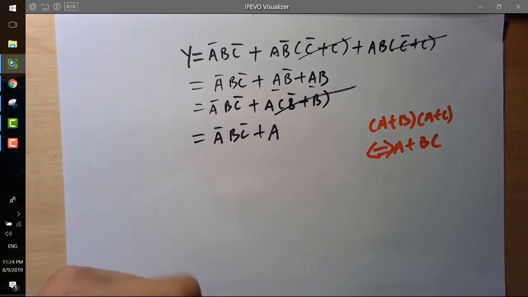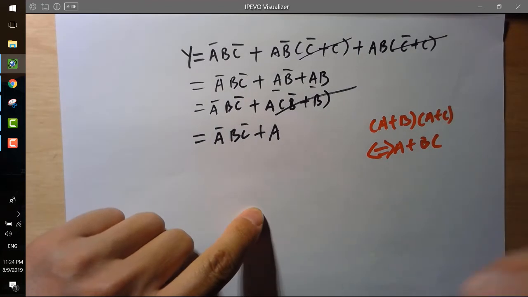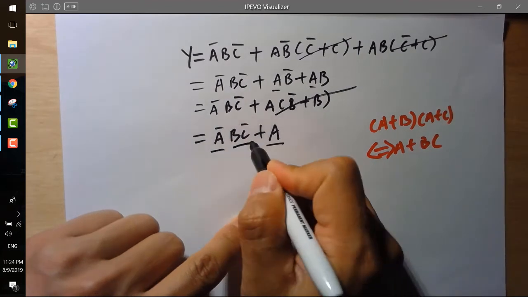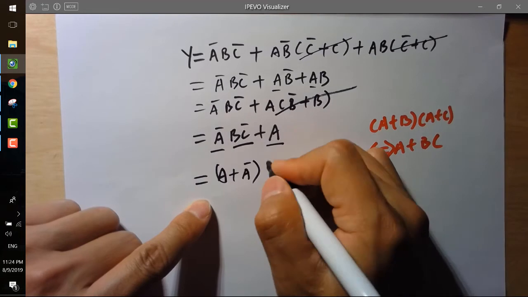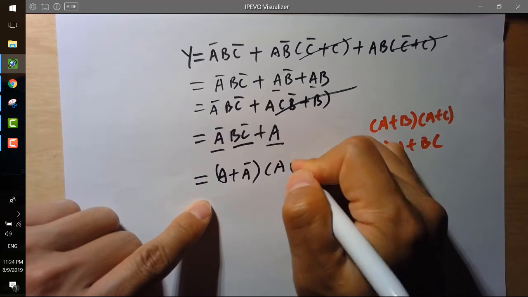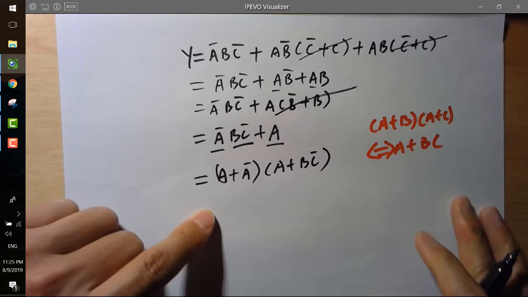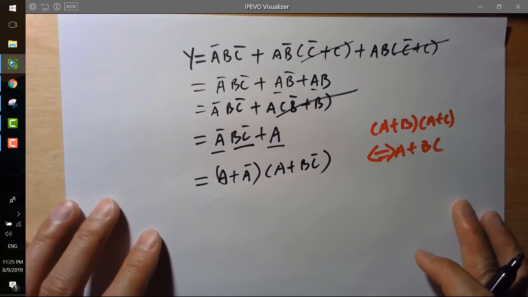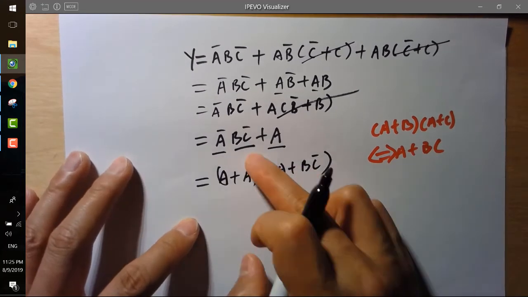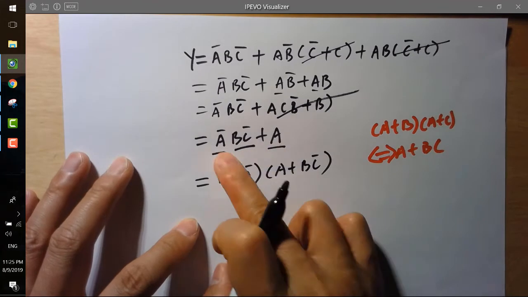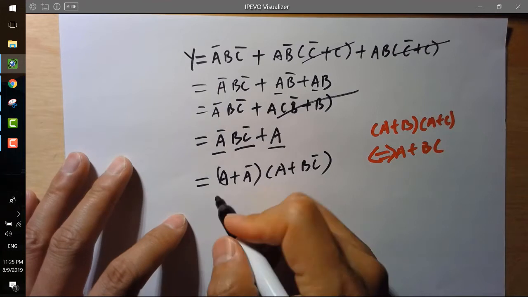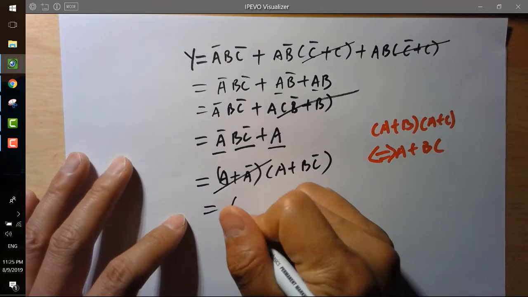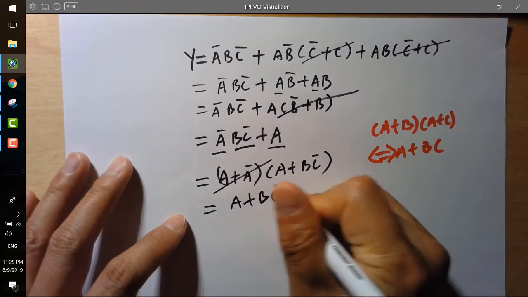So A or BC will be A or B and A or C. So B, B, C. A or BC equals A or B, A or C. Okay, and that's 1. So finally you have this left.